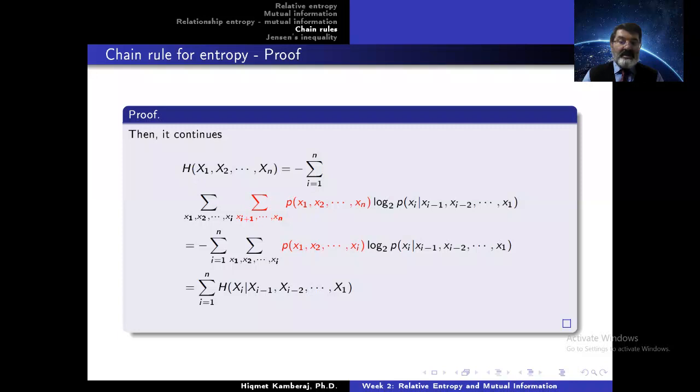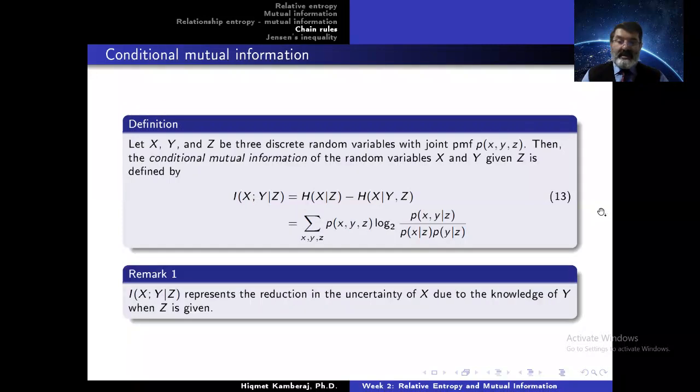Now if I look at this, the second sum with a minus in front gives me the so-called conditional entropy H of xi conditional on xi minus 1, xi minus 2, ..., x1. Then I obtain the last line, the sum for i from 1 to n of the conditional entropy H of xi conditional on xi minus 1, xi minus 2, ..., x1. And this is what we wanted to prove.